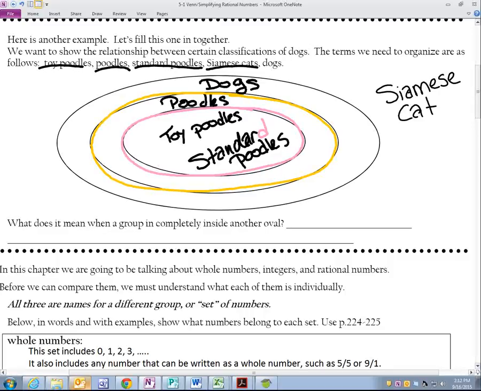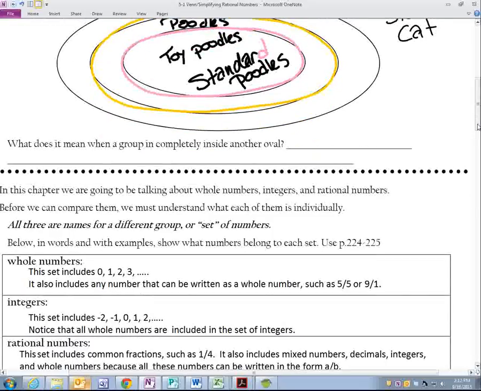So we have that all poodles are dogs. We have that all toy poodles are poodles that are dogs. And we have that all Siamese cats aren't dogs, they're not poodles, they're not toy poodles, and they're definitely not standard poodles. Okay? We are getting it. What does it mean when a group is completely inside another oval?